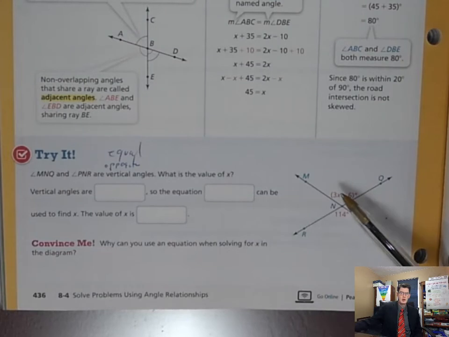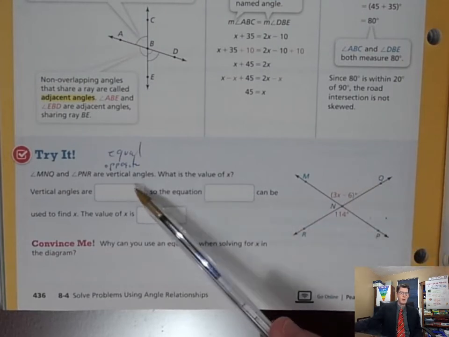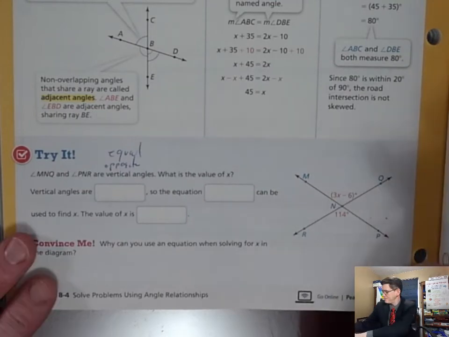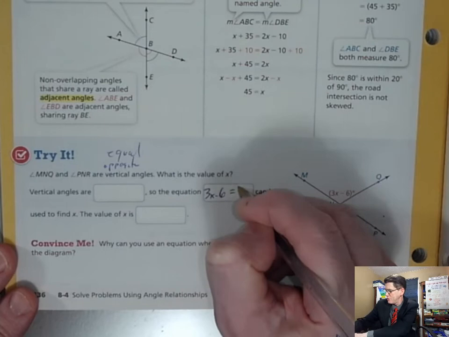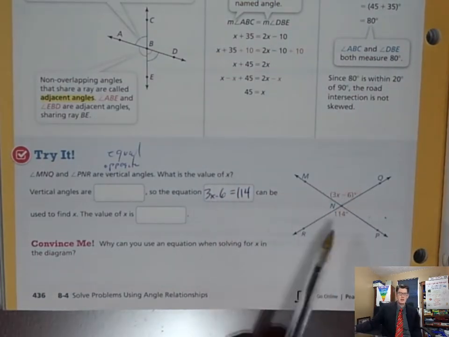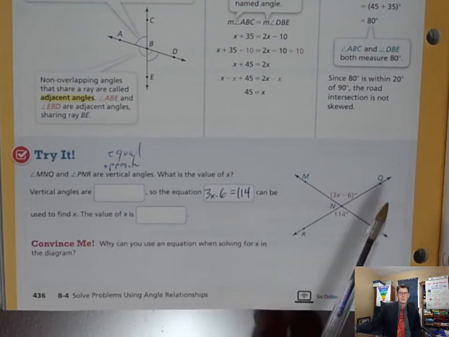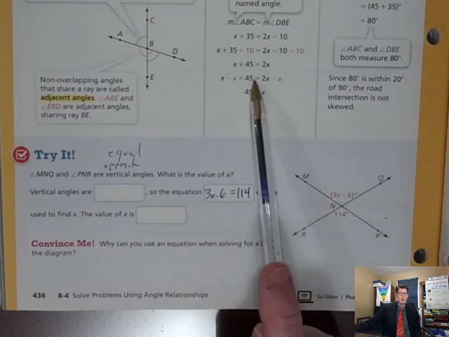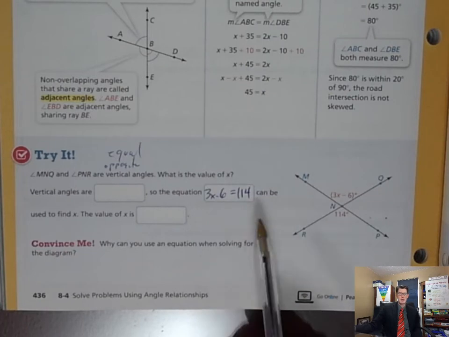Well, we know that those two angles are equal. Vertical angles are equal. So for the equation, I can make this angle equal to that angle. I just said that these angles are equal, and that can be used to find X. Well, have you ever done an equation like that? Yes, you have. There are some complicated ones like the one you see up here, and some complicated ones coming your way, but it's just moving the numbers around the equal sign.